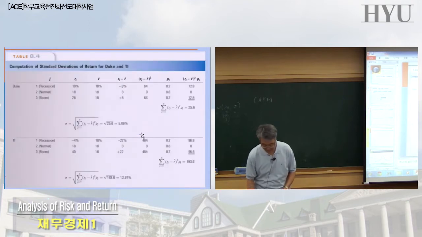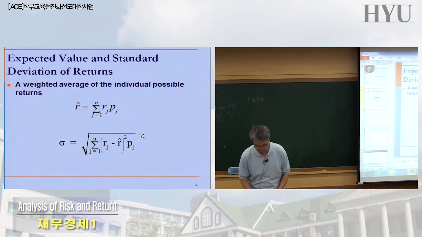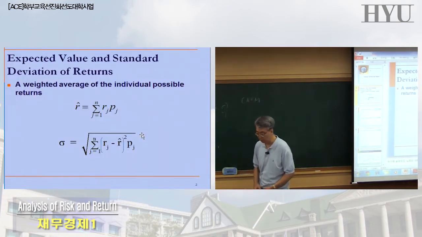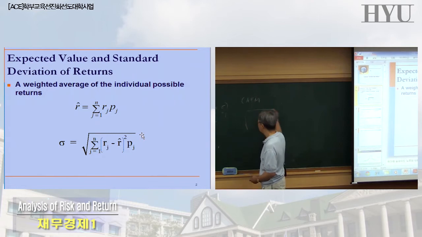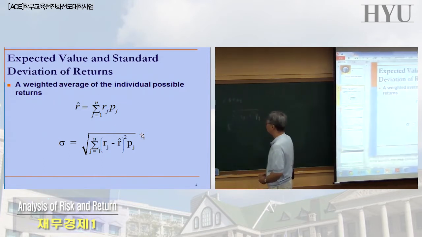All right, so how do you calculate the standard deviation? We use this formula: square root of summation of Rj minus R hat squared times Pj.